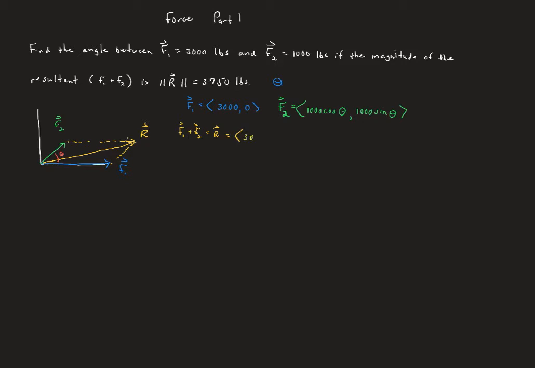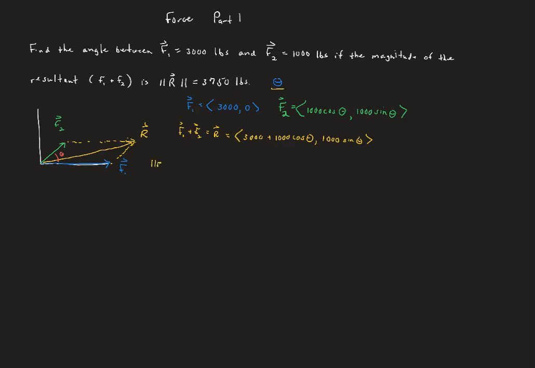The horizontal component of our resultant is the 3,000 from F1 plus 1,000 cosine theta. The vertical component is 0 plus 1,000 sine theta. So that's our resultant vector, and our goal is to figure out what theta is.